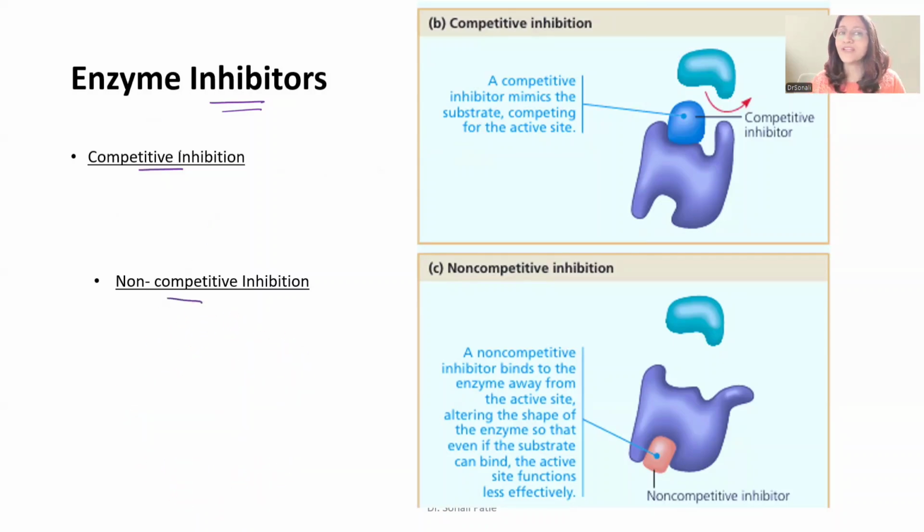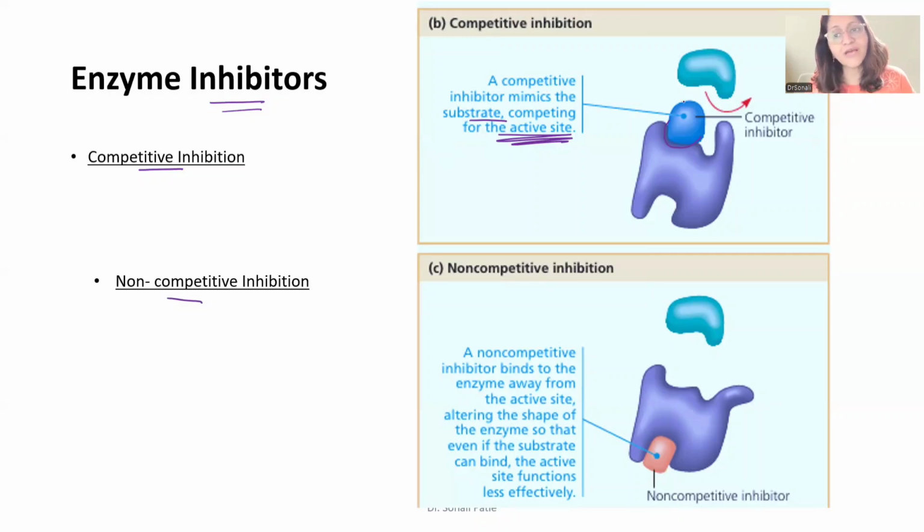Now, a competitive inhibitor, as its name indicates, mimics the substrate and competes for the active site. We know that the active site specifically binds with the substrate. Now your inhibitor will have the same shape as your substrate, and it gets fixed to the active site before your substrate comes.